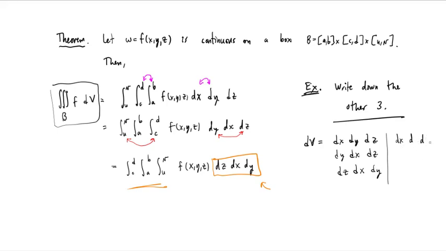So dx, dz, dy. Okay, it could be dy, dz, dx. And then the only one that's missing is dz, dy, dx.